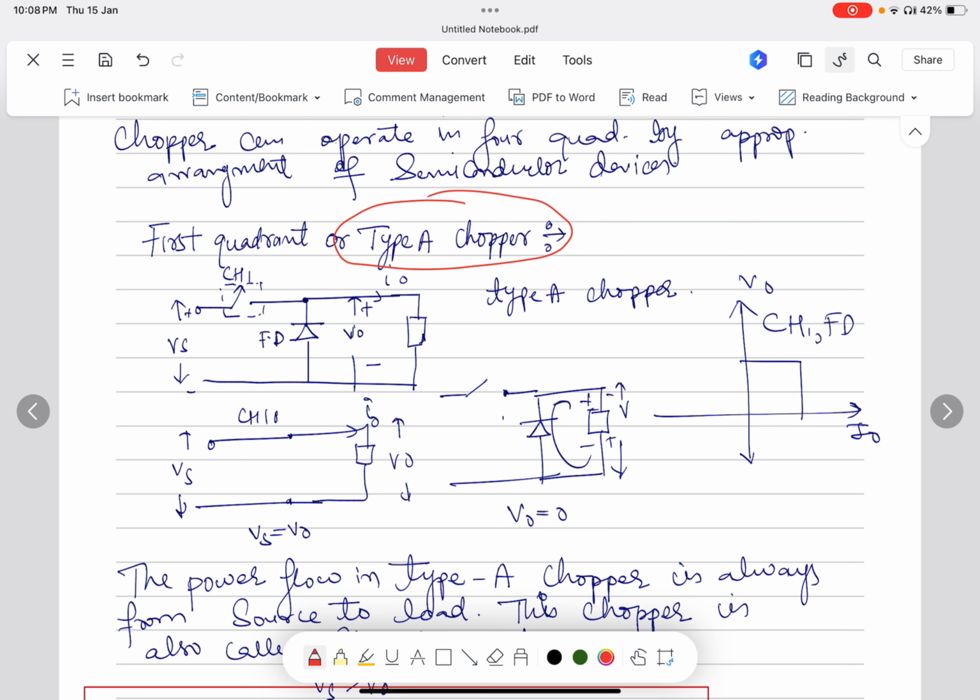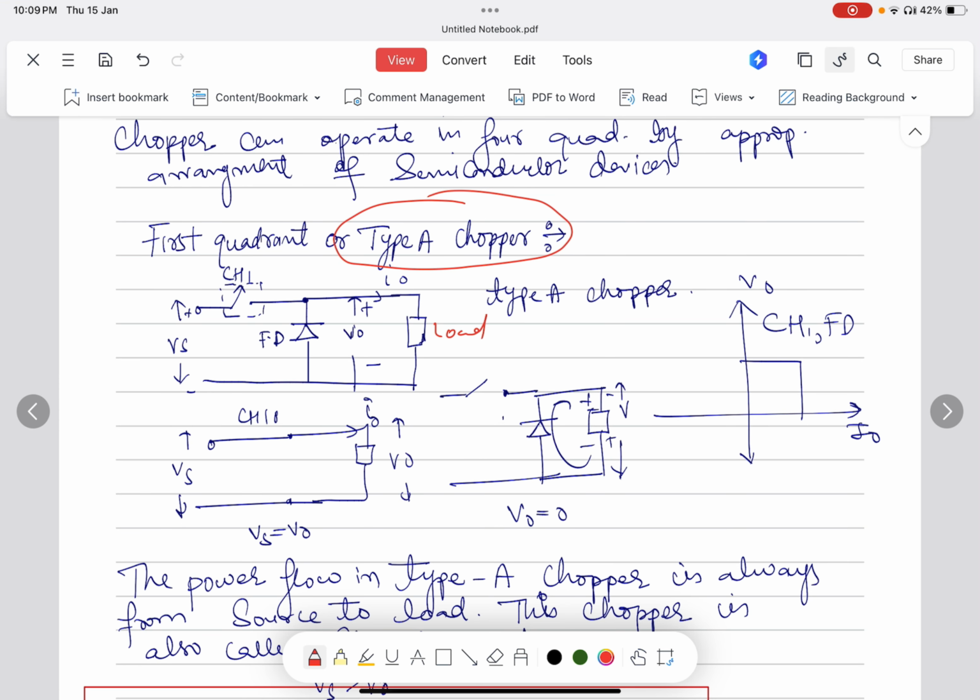Here we can see that Vs is the supply voltage. There is a switch known as chopper CH1, and FD is the freewheeling diode. This is the load, with the load current I0.